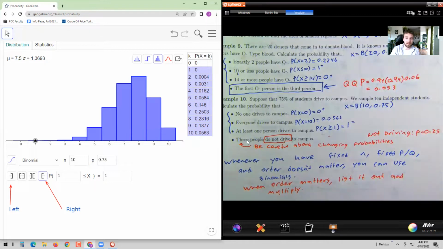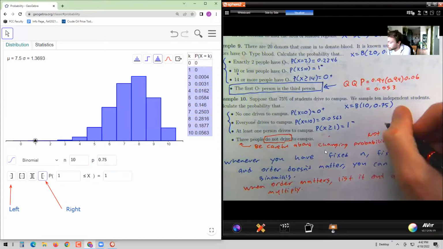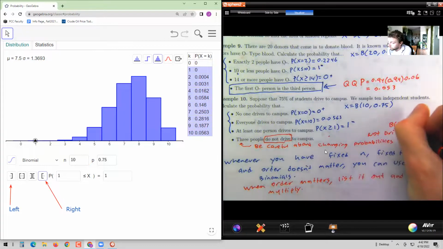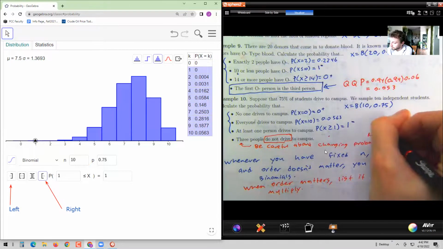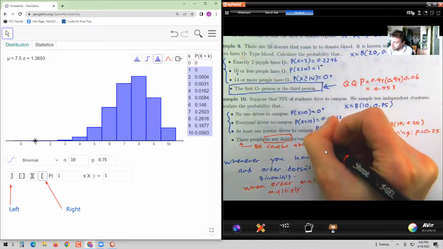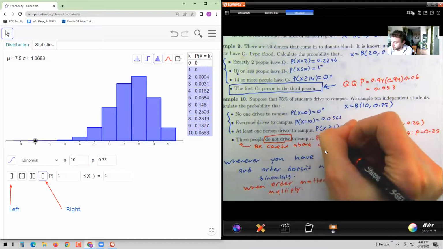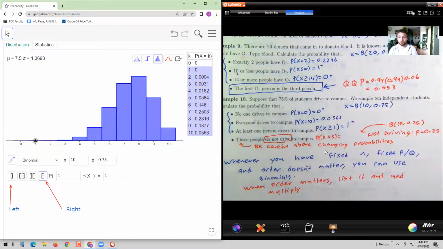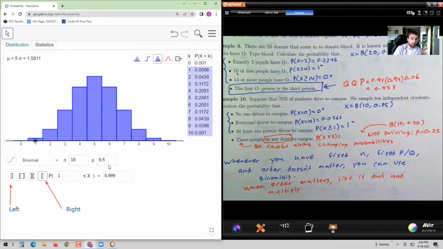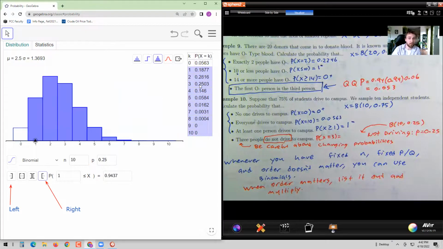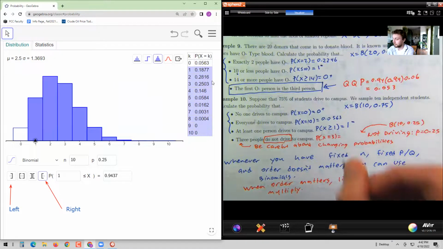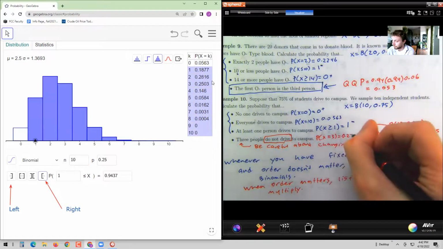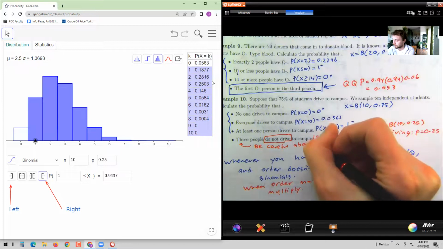So if I'm doing this last one, 3 out of 10 don't drive, I would want to do it out of 10 trials, 25% for my success rate, and I want 3 of them to be non-drivers. So 25%. I'm finding the block for 3, and that gives me 25.03%.